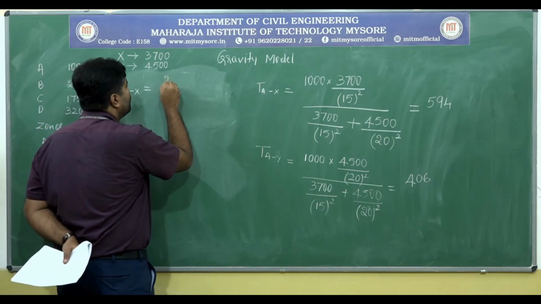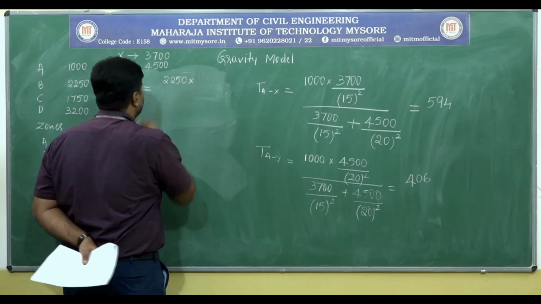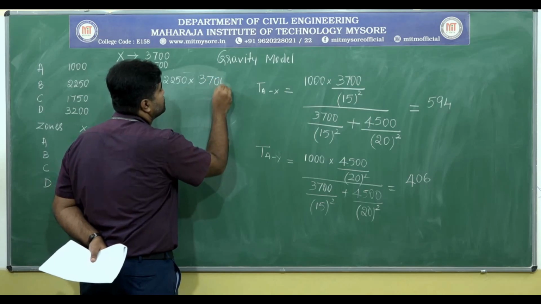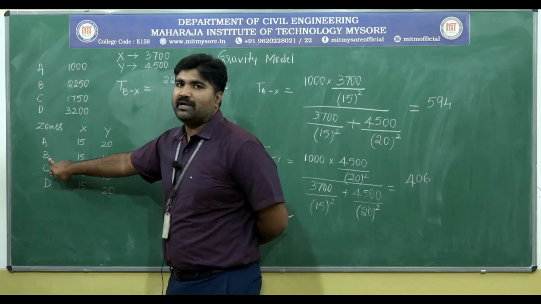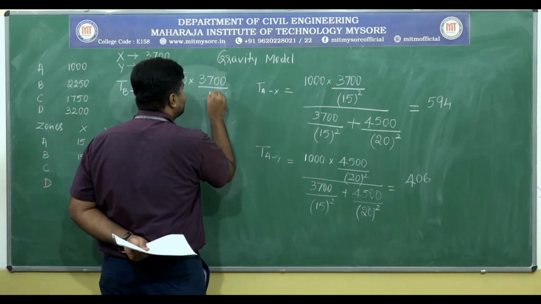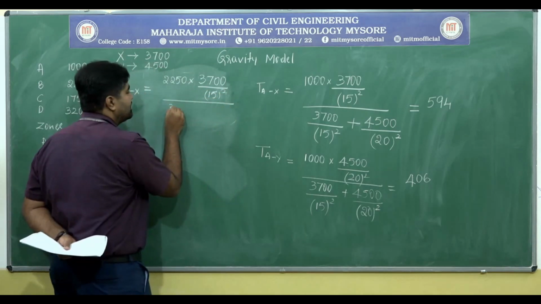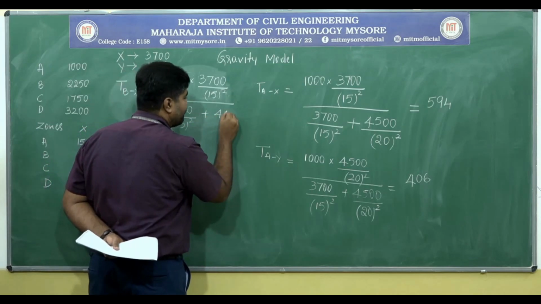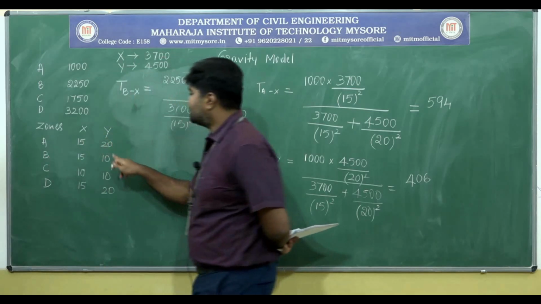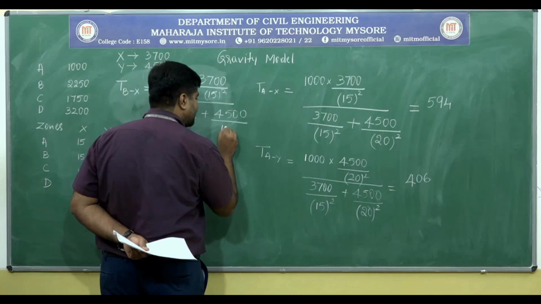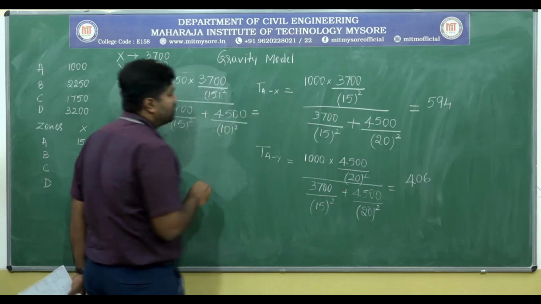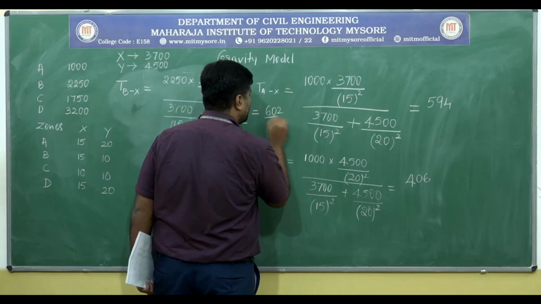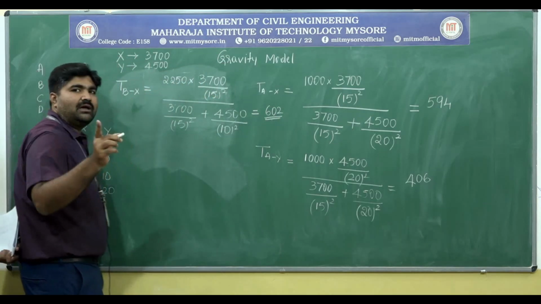The P A value will be 2250 into, from B it is attracting to X, so attraction is 3700 divided by the time taken to travel between B to X, that is 15, so 15 square, divided by 3700 divided by 15 square plus 4500, the time taken to travel from B to Y is 10 minutes, so 10 square. Check it. I got 602.